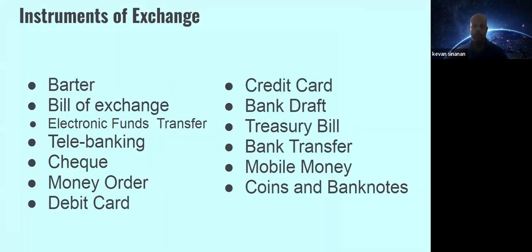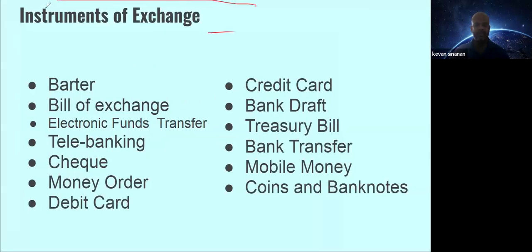Going back to the slide, the answer can be found here, where I have all the instruments of exchange. You could either memorize them, or we just want three that are used in the modern economy. The important word they said was modern.